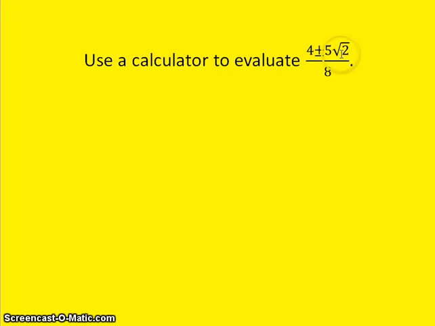With this one, we have the square root of 2, and 2 is not a perfect square, so when we do that on our calculator, square root of 2 is 1.414. So next we're going to multiply that by 5, because invisible parentheses are on the numerator and denominator, and we have multiplication first.